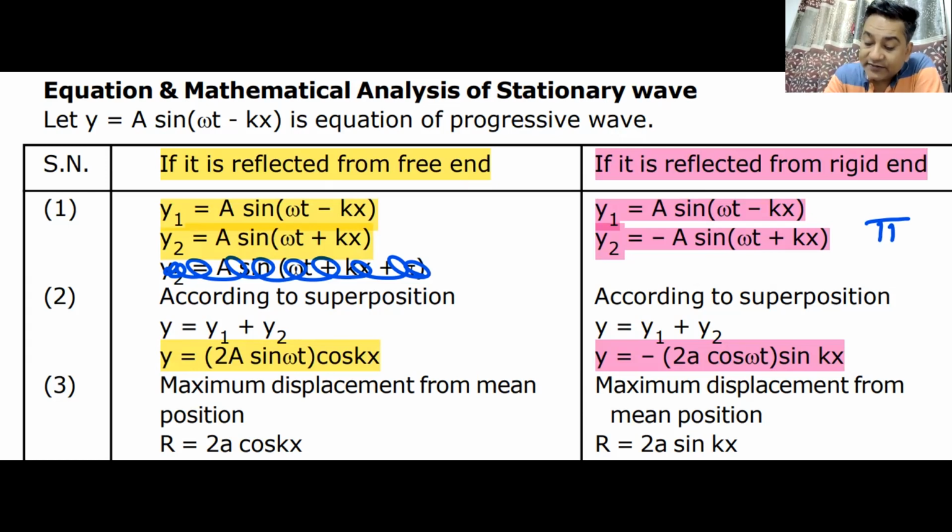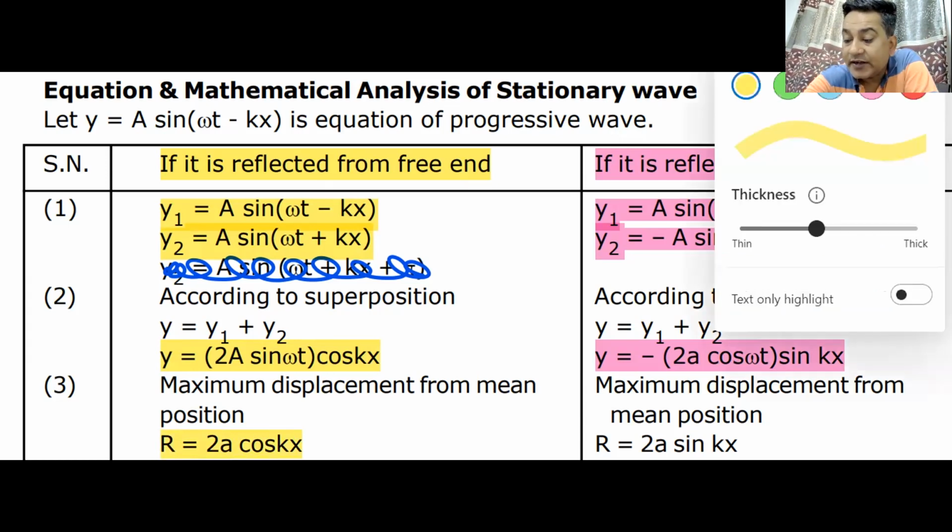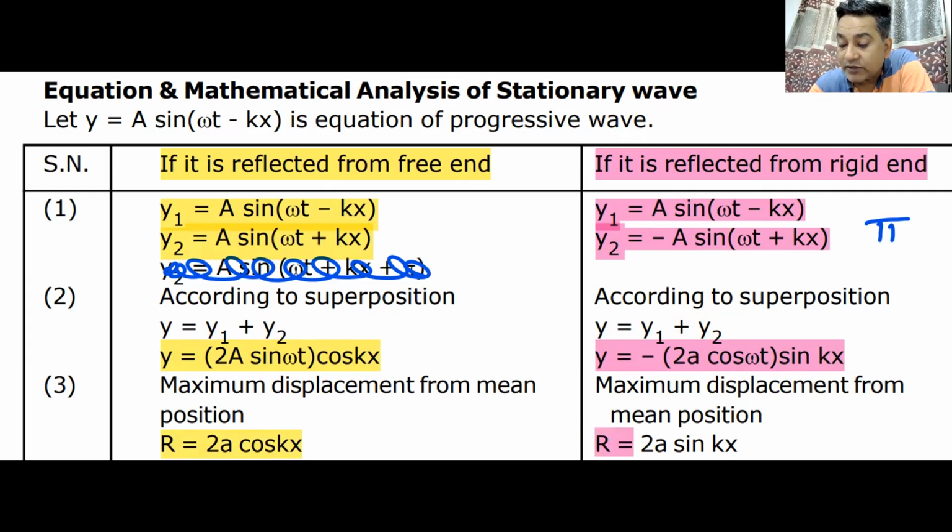The difference it creates is the maximum displacement of particles from the mean position. The left equation is 2 times a cos kx. On the right equation it is 2 times a sin kx. Sorry for the mistake. I hope you understand this. This is just a trigonometric formula put together. I'll give you a minute to note down the finer points and understand the difference.